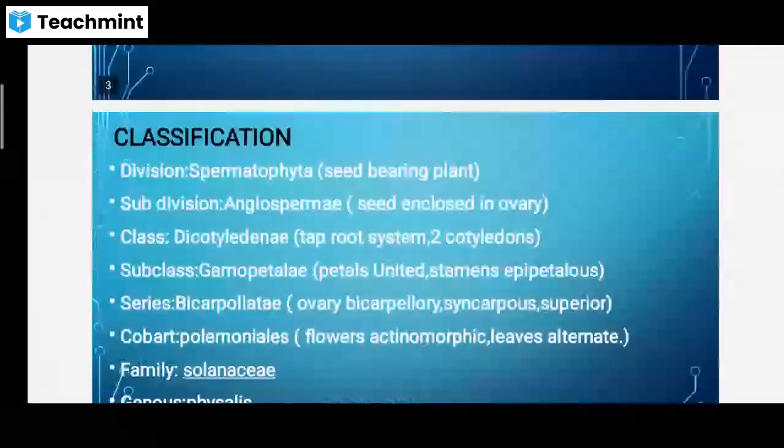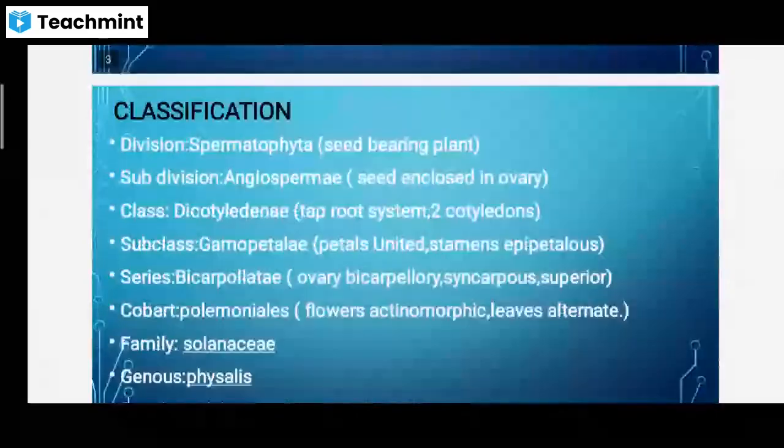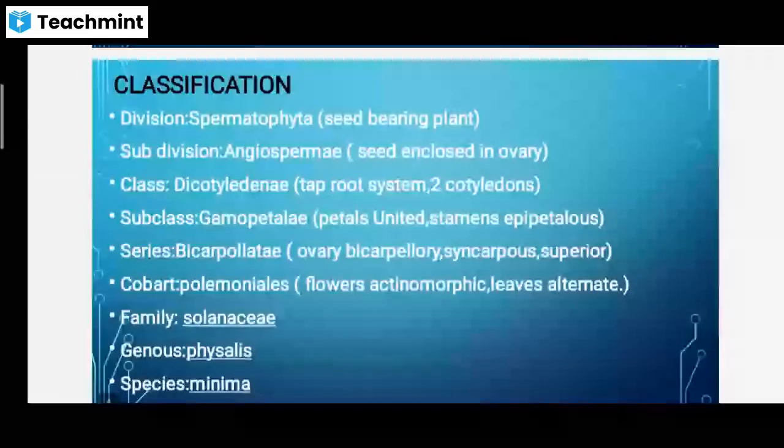Next, we will see the classification of Solanaceae. The division of Solanaceae is Spermatophyta, that is seed bearing plant. The subdivision is Angiospermae, that is seed enclosed in ovary. Class is Dicotyledonae, that is taproot system or two cotyledons. Subclass is Gamopetalae, that is petals united, stamens epipetalous.